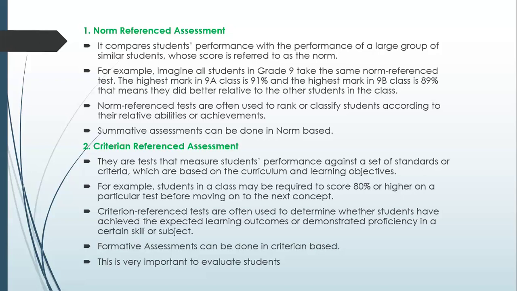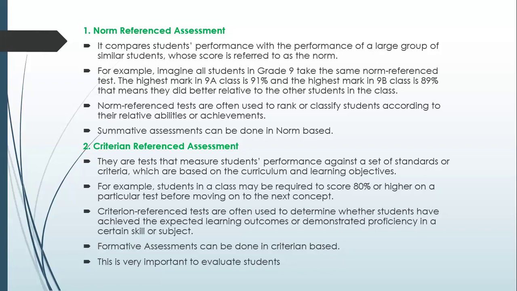Assume you take grade 9 students in the term test, and it is mathematics. In the particular school, we give the same test paper for mathematics at the end of the term. The 9A class highest mark is 91. The 9B class highest mark is 89.